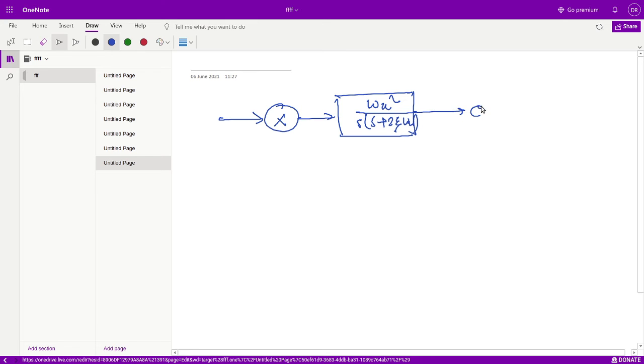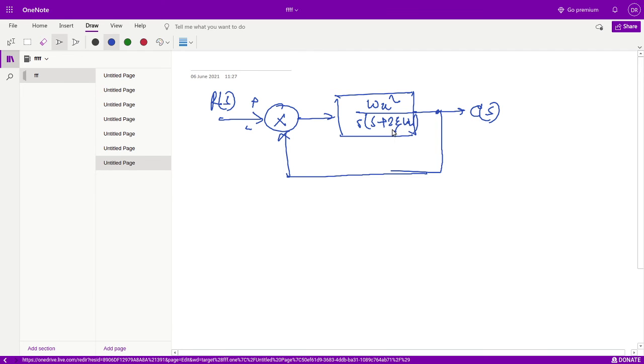This is the output C(s), this is the input R(s), with a unity feedback. So what is omega n? This omega n is called the undamped natural frequency. Zeta is known as the damping factor.